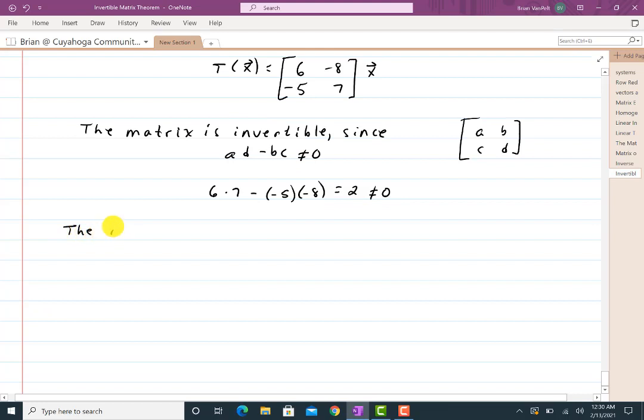The inverse of the matrix is, let me write it out in some detail for you. Remember, the inverse of these 2 by 2s is 1 over that AD minus BC.